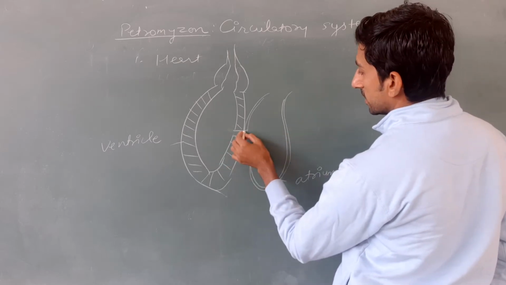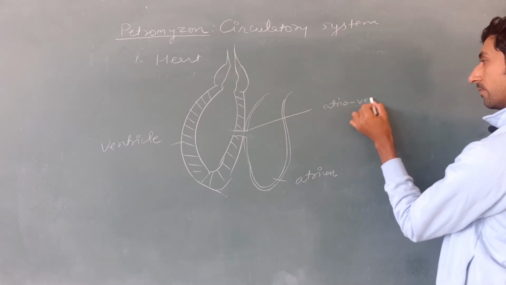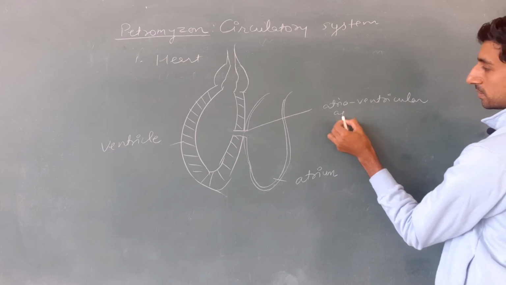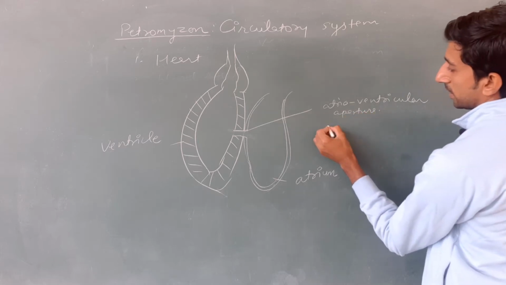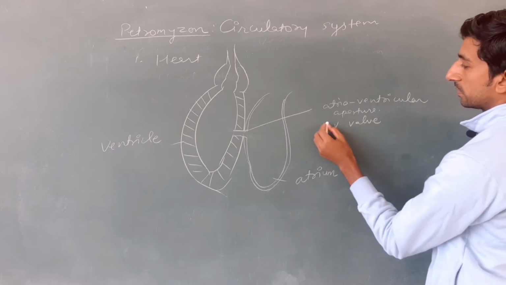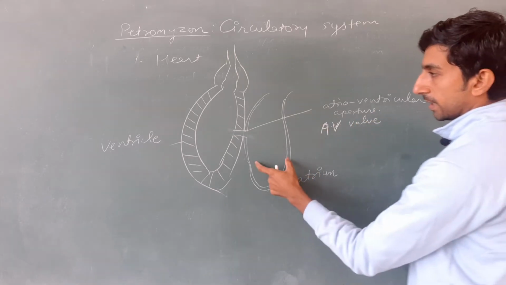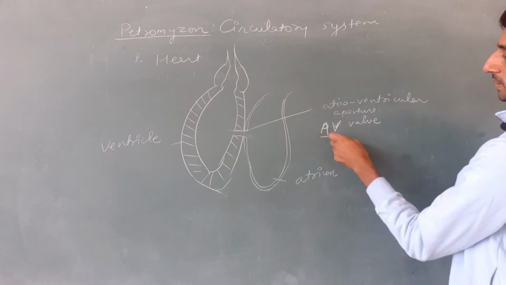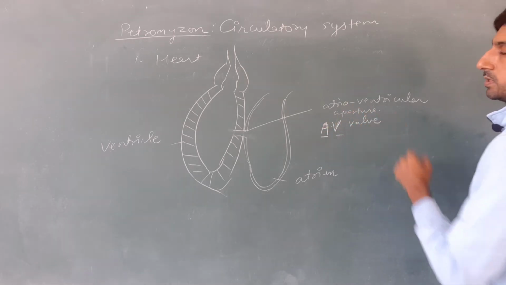That aperture is the atrioventricular aperture, and it is guarded by the atrioventricular valve, the AV valve. A for atrium, V for ventricle: AV valve, AV aperture.